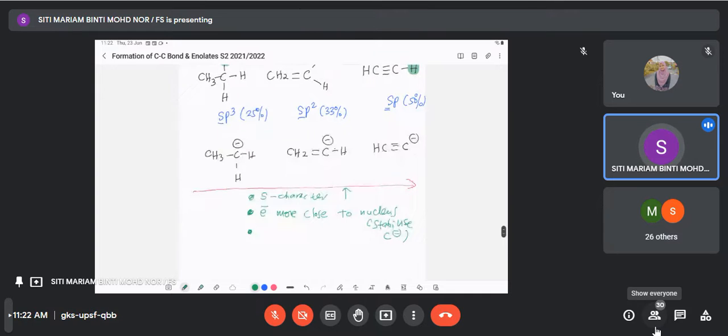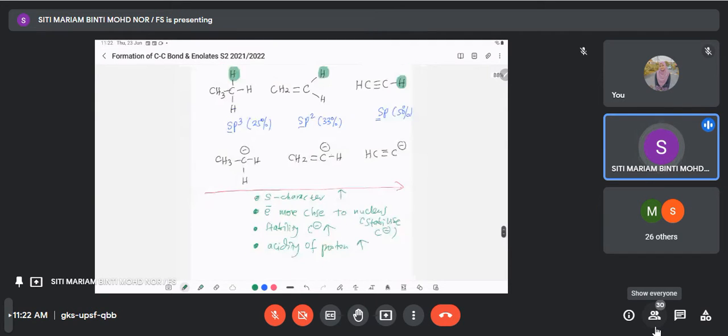And it will stabilize your carbon negative charge, or it will stabilize the carbanion. So when it stabilizes, of course the stability of your carbanion increases as well. When the stability of the carbanion increases, automatically the acidity of the proton increases as well.